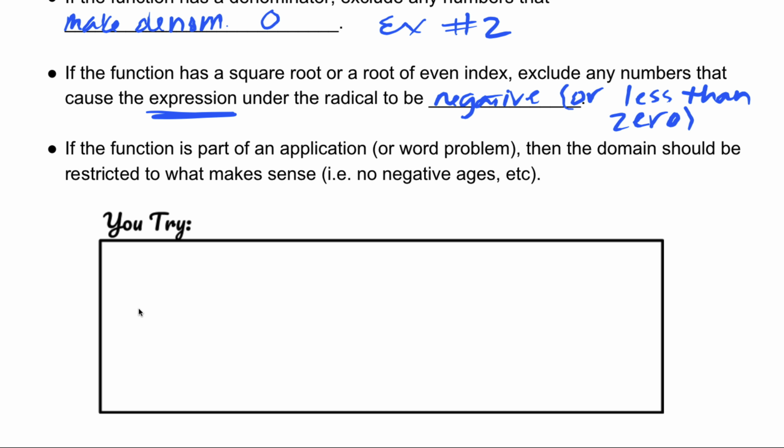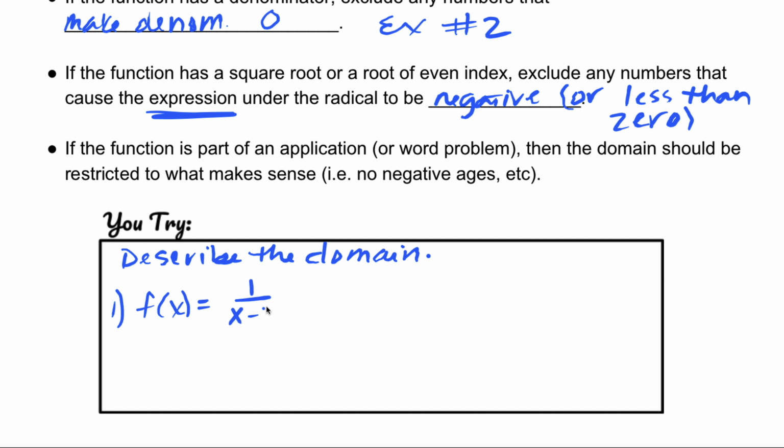Okay, what I'd like for you to do is to try these problems before moving on to the next video. The directions here: describe the domain of these 3 functions. Number 1, f of x equal to 1 over x minus 2.